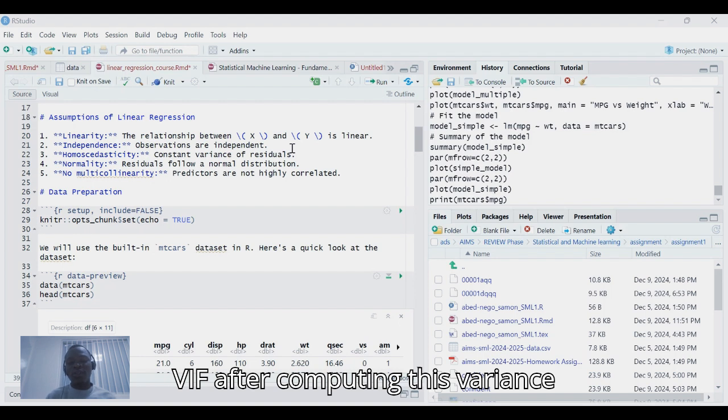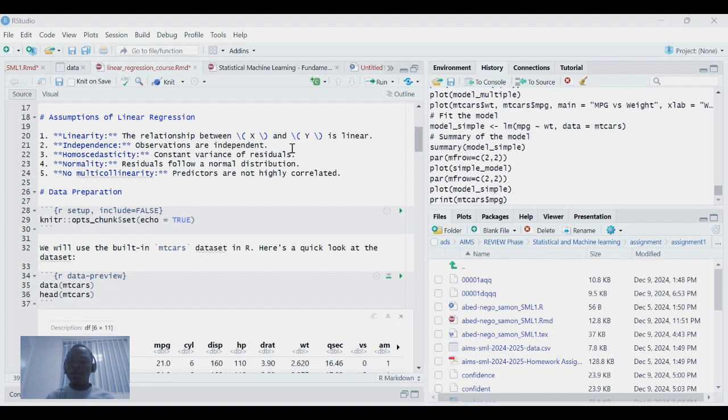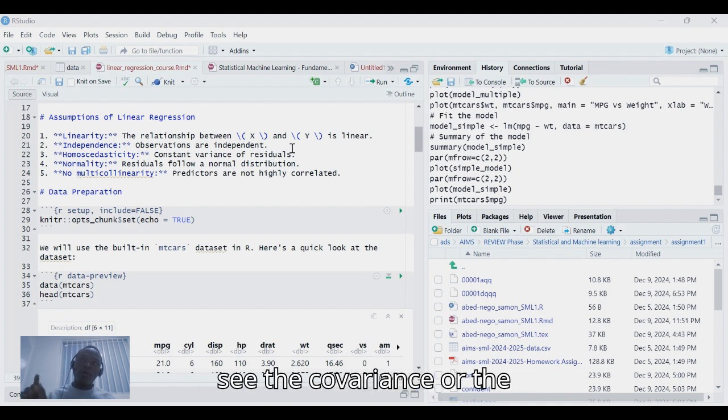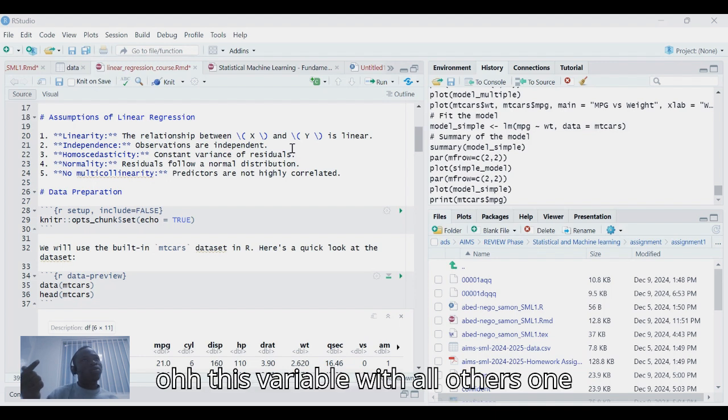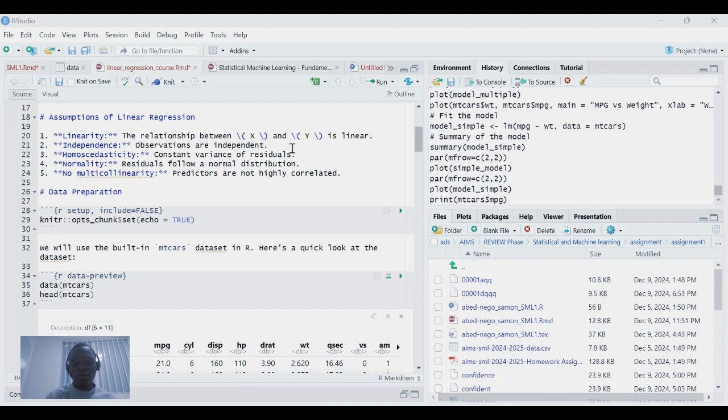After computing it, if the VIF is greater than 5 or 10, it means that we have multicollinearity. Or I can plot the covariance matrix and see the pairwise relationship between each variable and all the others, to see how correlated they are.